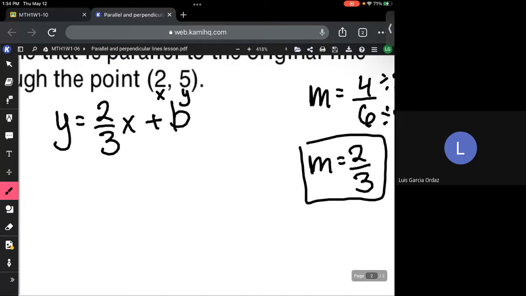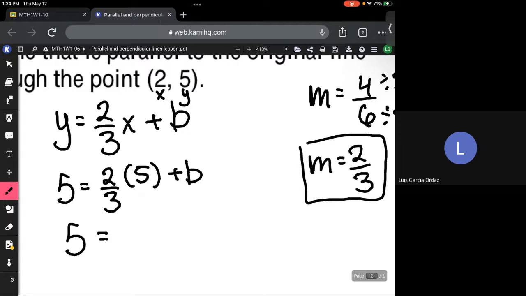So I'm going to have 5 is equal to 2 over 3 times 5 plus b. So what's 2 over 3 times 5? Yep, 10 over 3.